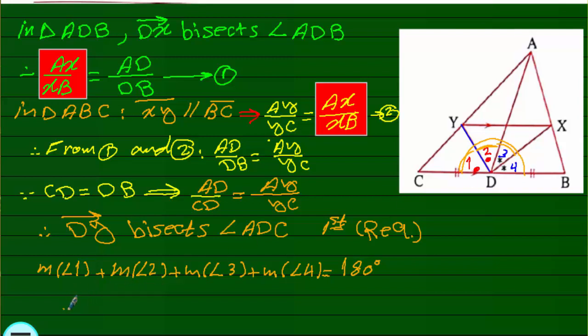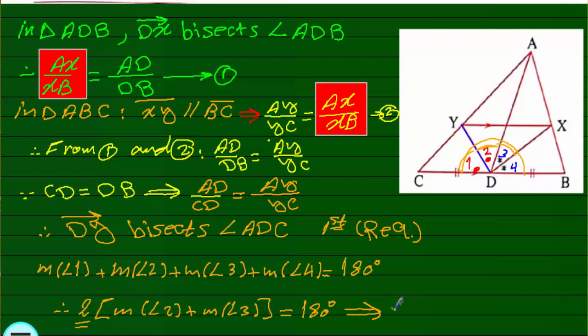So you can write 2 multiply measure of angle 2 plus measure of angle 3 equals 180. Dividing both sides by 2, we get measure of angle 2 plus measure of angle 3 equals 90 degrees.